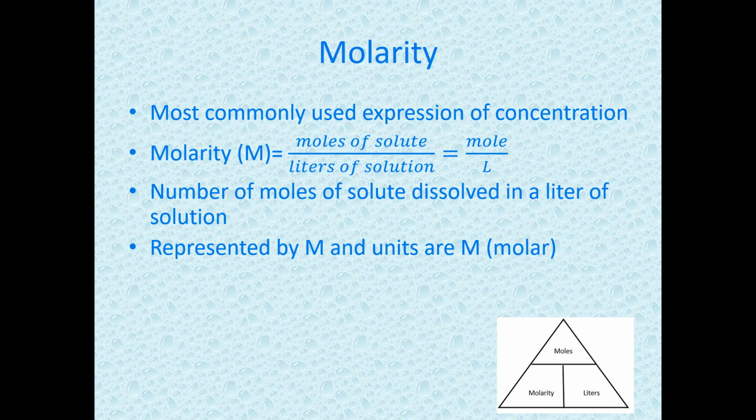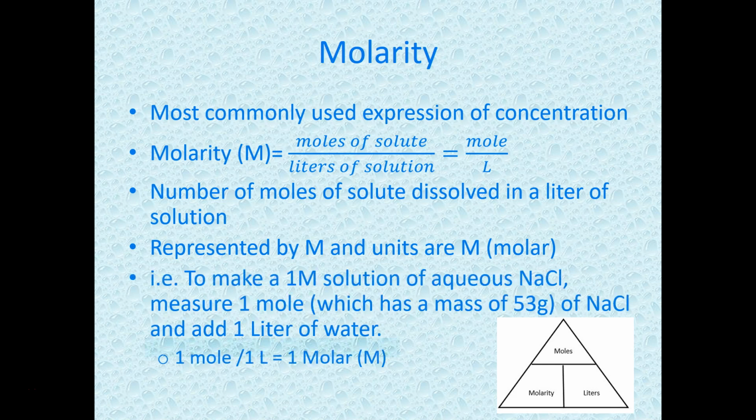It is represented with a capital M, and units are capital M, which stands for molar. So you'd say you have a 1.5 molar solution. So, i.e., a 1 molar solution of aqueous sodium chloride measures 1 mole, which has a mass of 53 grams of sodium chloride, and add 1 liter of water.